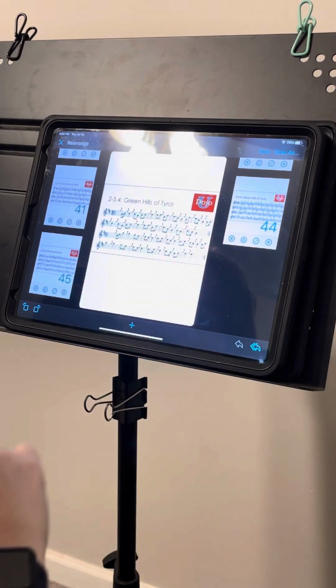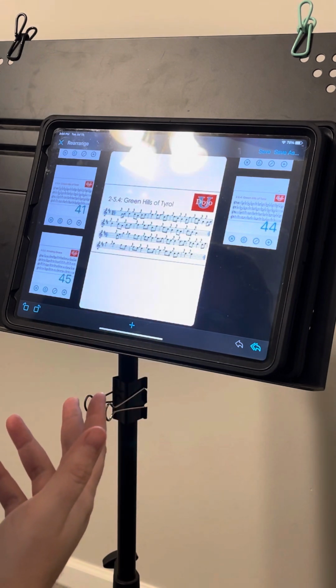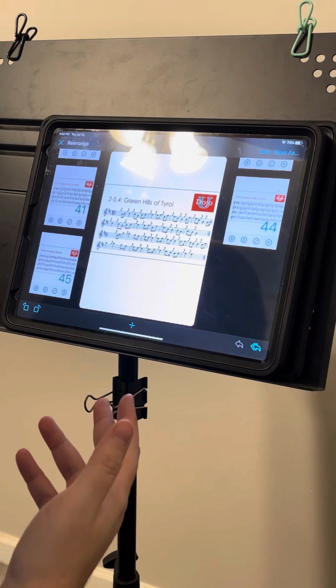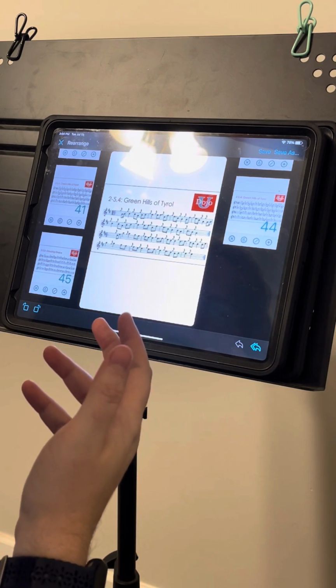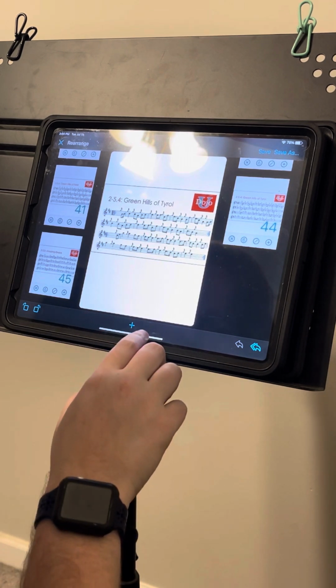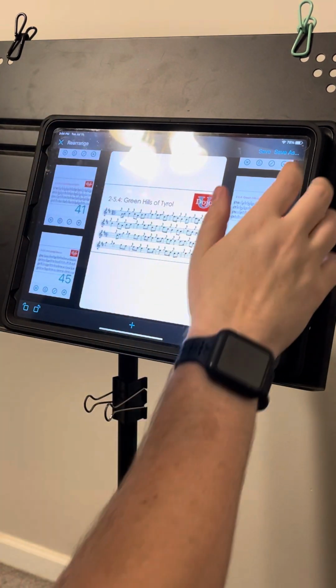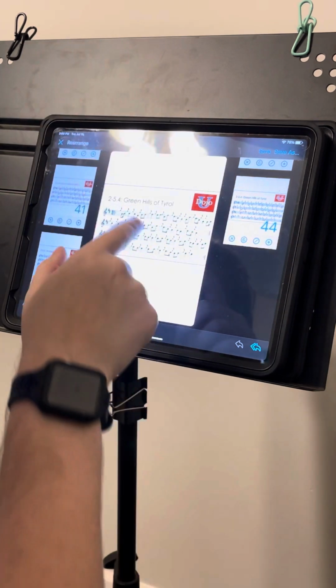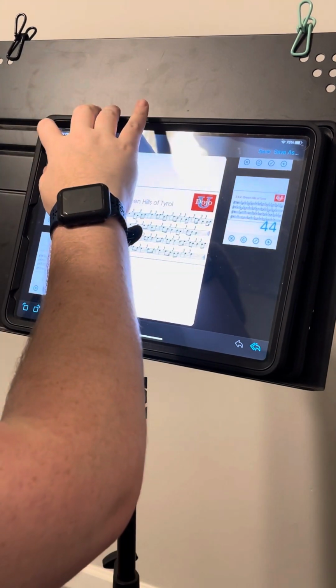So I tap on the piece of music, and you can see it, but here's the problem. Well, actually, I take that back, because there is an add button. So you can add another version of this page. So forget that. You can tap on it, press add, and it's going to make a duplicate of the piece of music.